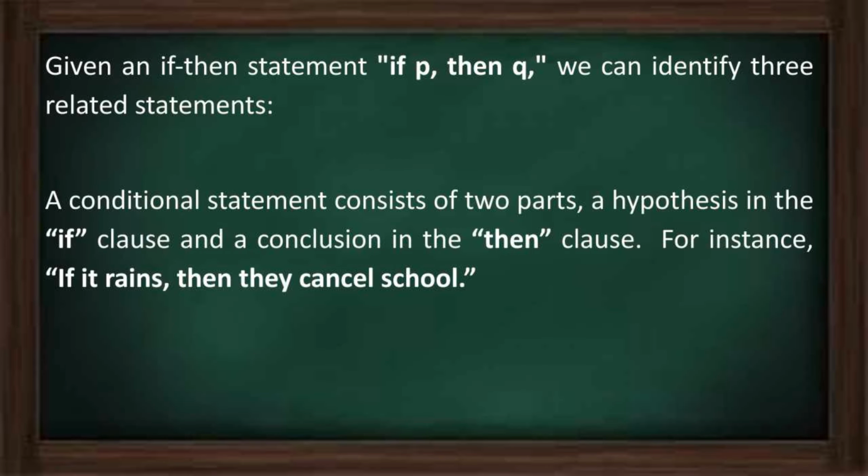Thank you, Miss Glyza. Given an if-then statement, if P then Q, we can identify three related statements. A conditional statement consists of two parts: a hypothesis in the if clause and a conclusion in the then clause. For instance, if it rains, then they cancel school.